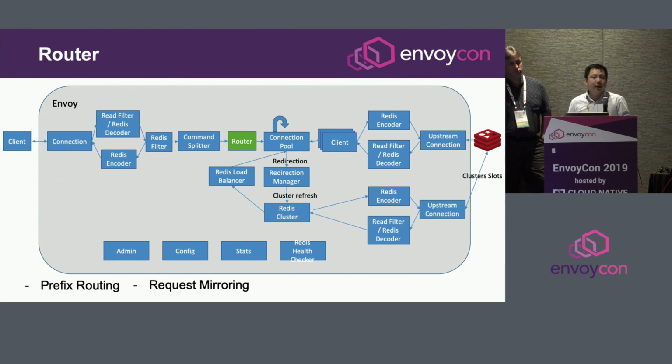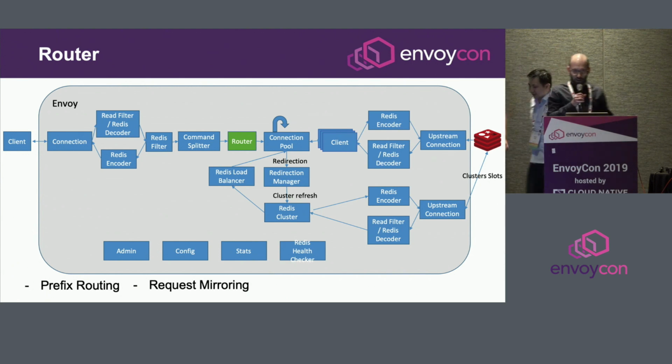Like we can have a shared cluster with different prefixes, and then we can route them just like how we route HTTP requests. And so we added this router where we can route a request not just on what nodes in the cluster, but across multiple clusters. And Nico is going to talk about a very interesting case where we use this.